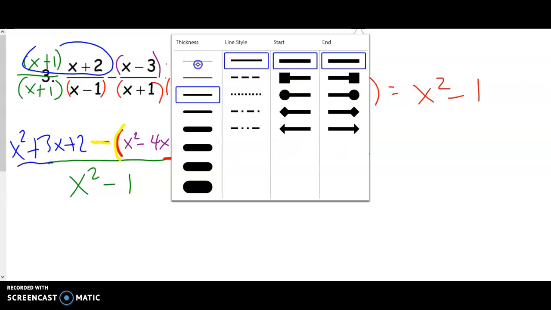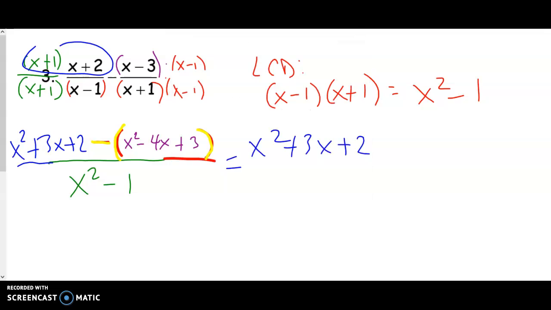So it's going to be minus x squared plus 4x, because minus minus, minus 3.